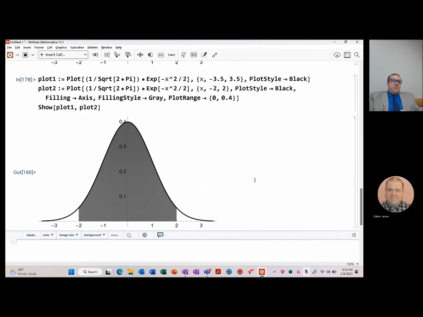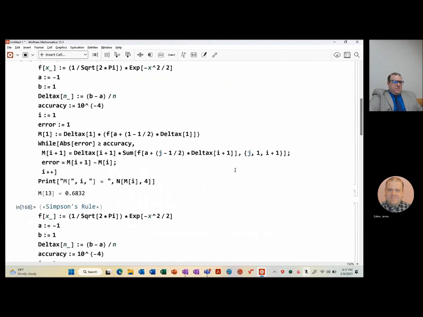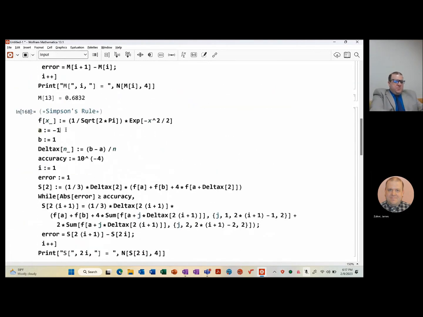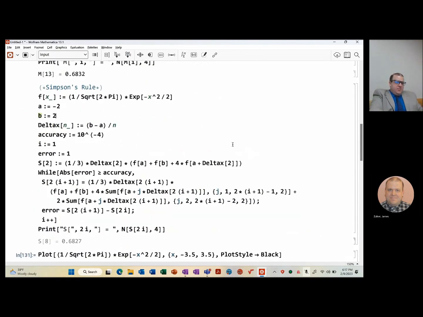I think I'm remembering 95%. 95 what? I think it should be 0.95. Let's find out. So I'm just going to use Simpson's rule for this. I'm just going to change A to -2, B to 2. Let's see what it gives us. And I think the rule is 95% from stat.